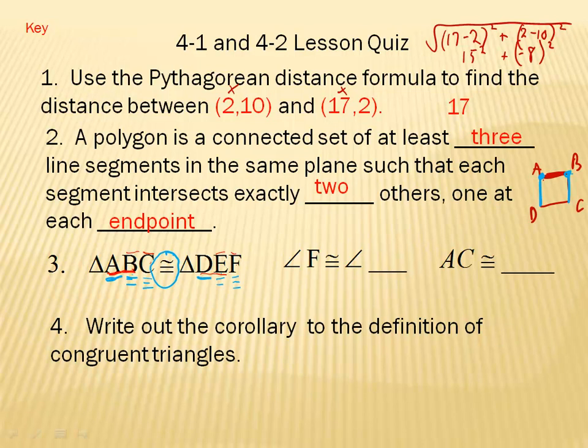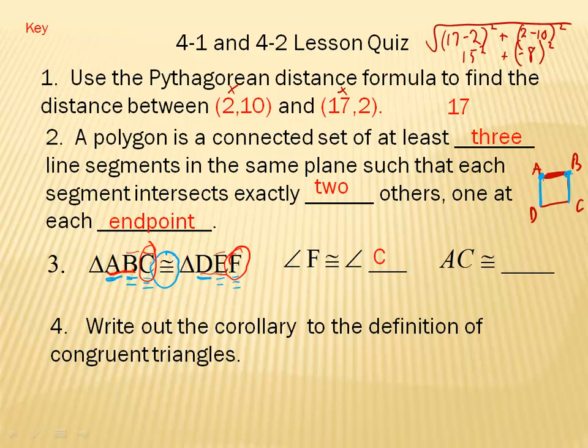So with that in mind, angle F is congruent to angle what? Well, it's congruent to its corresponding angle. Here's angle F. What is its corresponding angle from triangle ABC? That would be C. So angle F is congruent to angle C. So this is a congruent statement, and this allows us to make these observations.